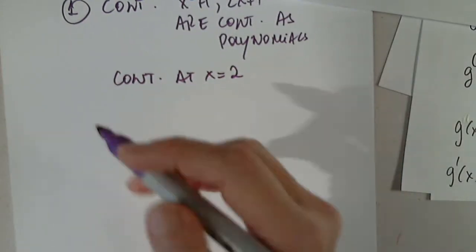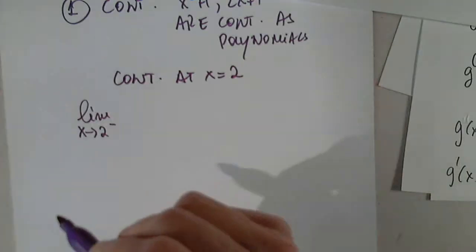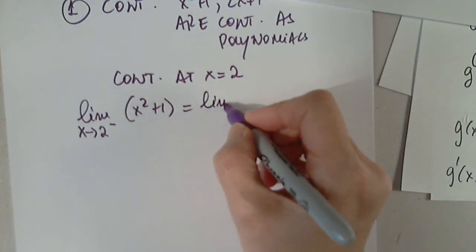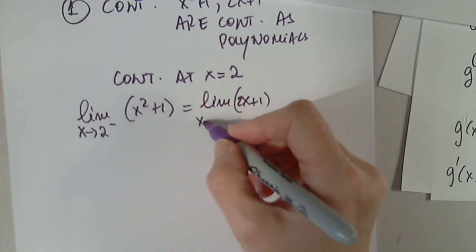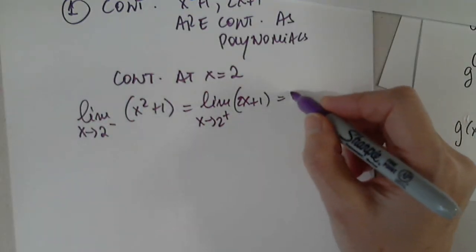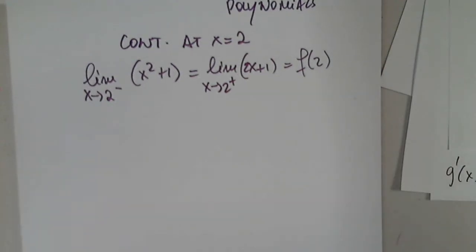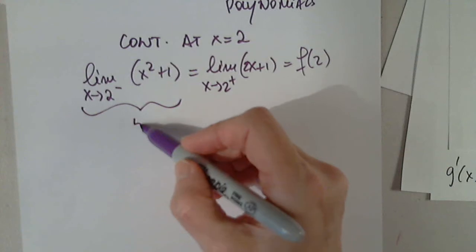I don't know. But I know that the definition says the limit as x approaches 2 from the left of x squared plus 1 must equal the limit of 2x plus 1 as x approaches 2 from the right, and must equal f of 2. So the limit from the left is 4 plus 1, which is 5.